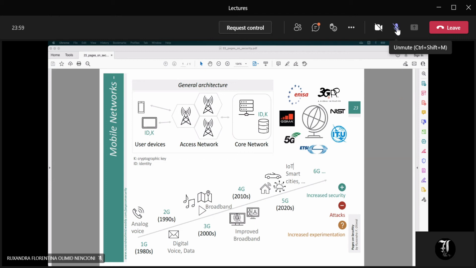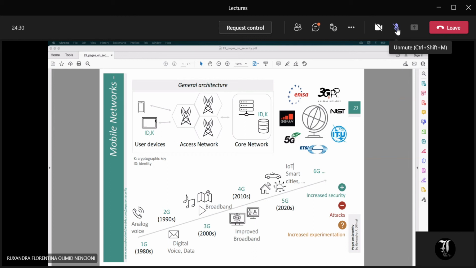And if it's a mobile user moving along the road or something like that, they change to the access point of the same network provider. So this is in summary how I understood this architecture.